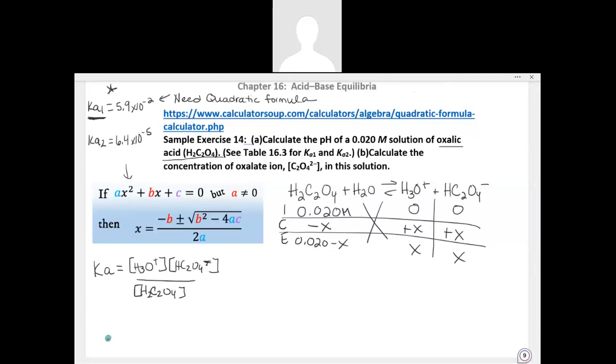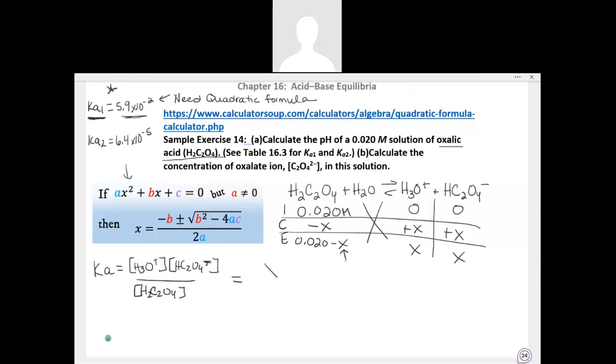But again, because our acid dissociates a little bit more than 5% with this type of Ka, we're going to need to account for this x at our equilibrium. That's why it's not negligible, so we're going to need to solve for x. So let's set up our equation here.